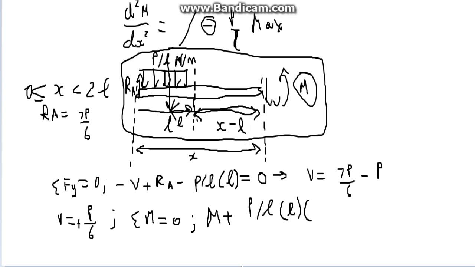Obviously it's redundant. You've got to add half that distance plus the x subtract l. So it's l on 2 plus x subtract l. And then subtract the overall distance, which is x, don't forget, multiplied by ra, the whole thing equals 0. Okay?